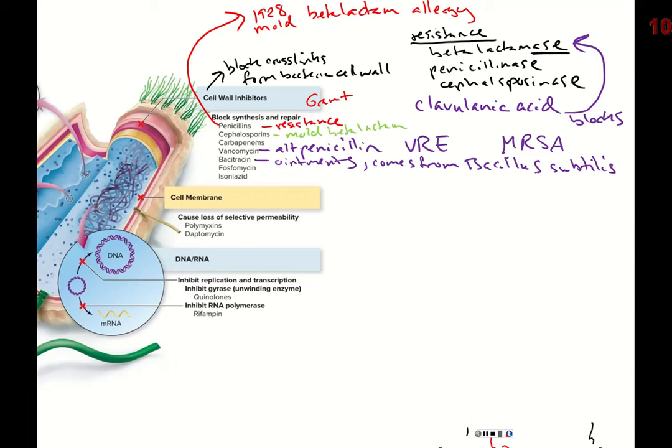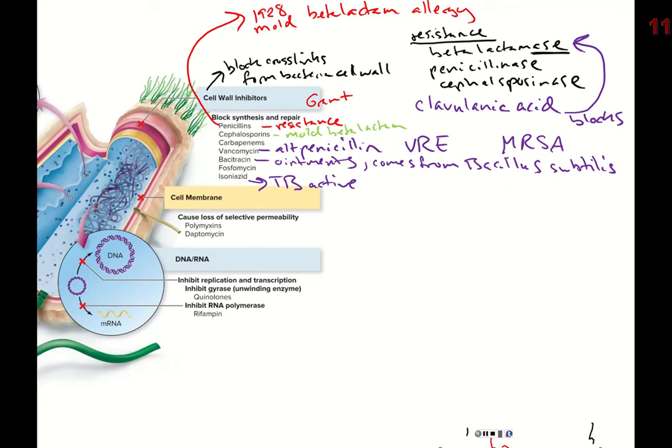And then what else on this list? Let's see, isoniazid is important for treating TB, so treating tuberculosis, specifically the active form, so when the cells are actively dividing. The thing with tuberculosis, you'll see when we get to it again in our disease unit, is that it has developed a lot of drug resistance.